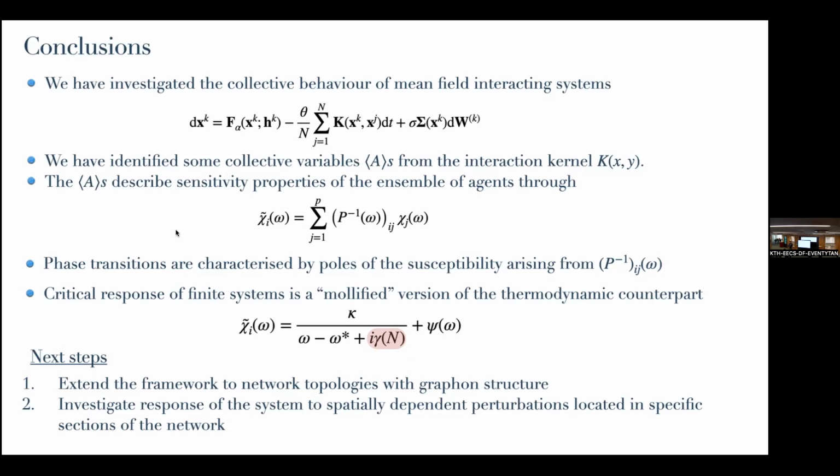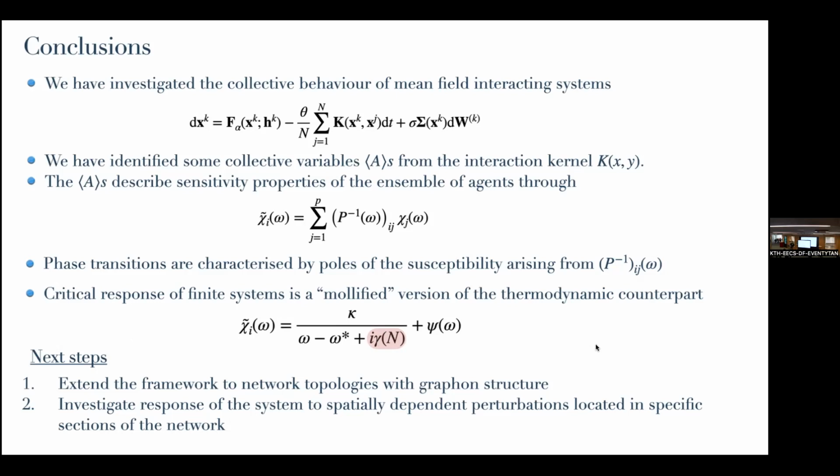And actually, we have characterized phase transitions or critical phenomena of these systems as situations where you have a pole of the susceptibility that arises just from this part of the susceptibility. And so we claim that in finite systems, critical situations can be written in this form, where the singularity in the susceptibility is modified by a finite size effect.